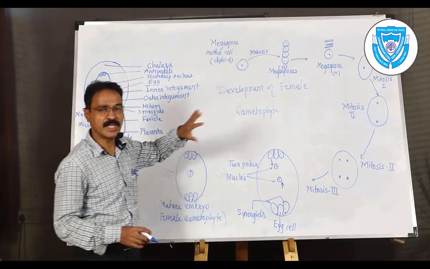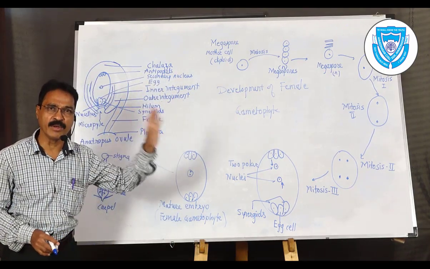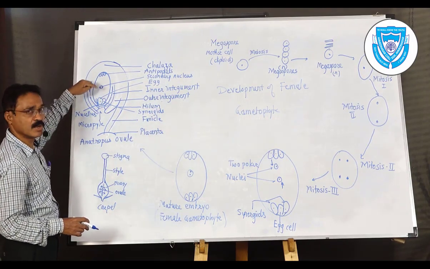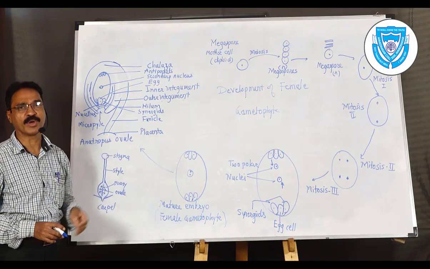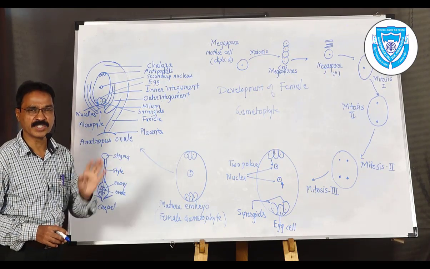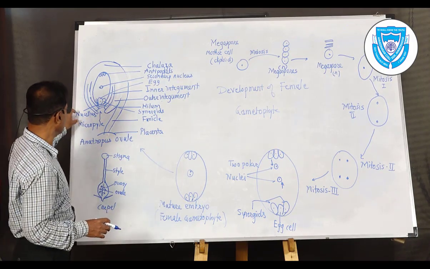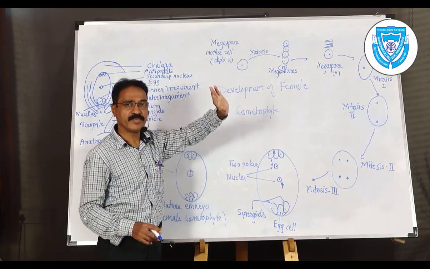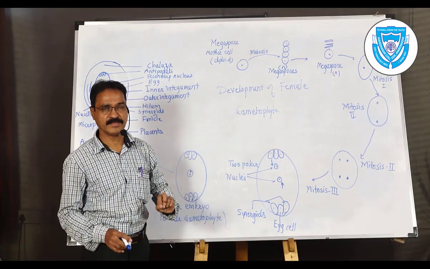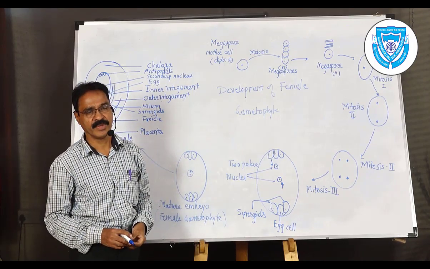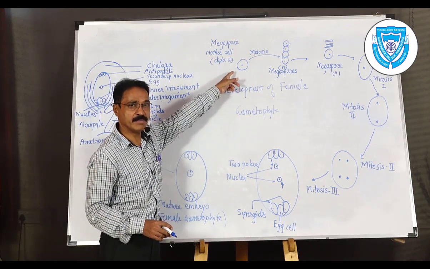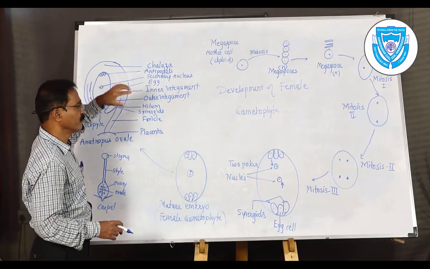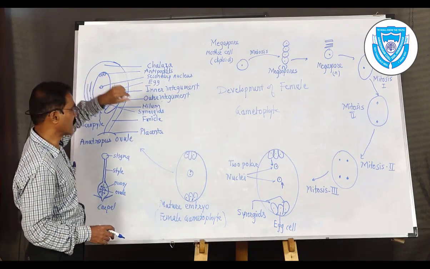Now we are discussing that all the development takes place inside the nucellus. Already nucellus cells are diploid, 2n, 2 sets of chromosomes. Now inside the nucellus, what happens? A cell towards the center becomes functional, before the development of this embryo sac.